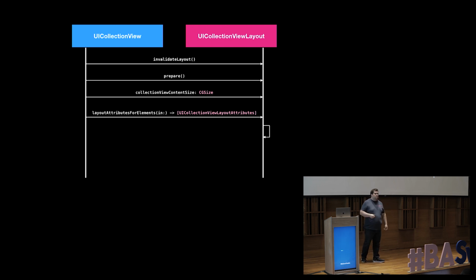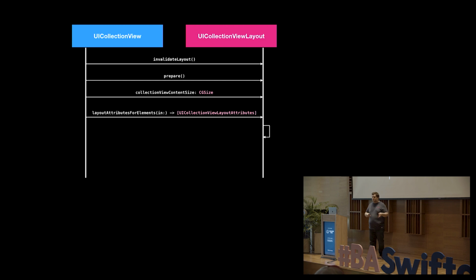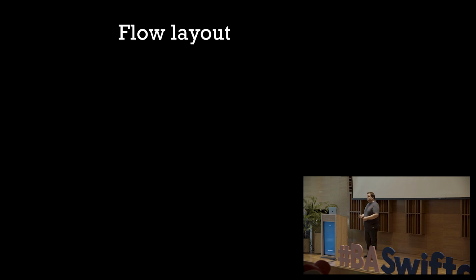Internally, the collection view might calculate the layout attributes for new items, or perhaps pick something from a cached attribute. And then we scroll, and we call shouldInvalidateLayout for changing bounds, and we say yes or no. And if we invalidate, we have to do everything again. So this is really hard, really difficult.